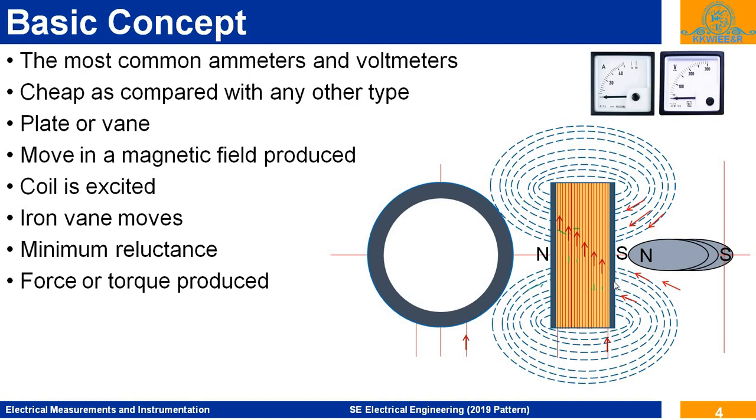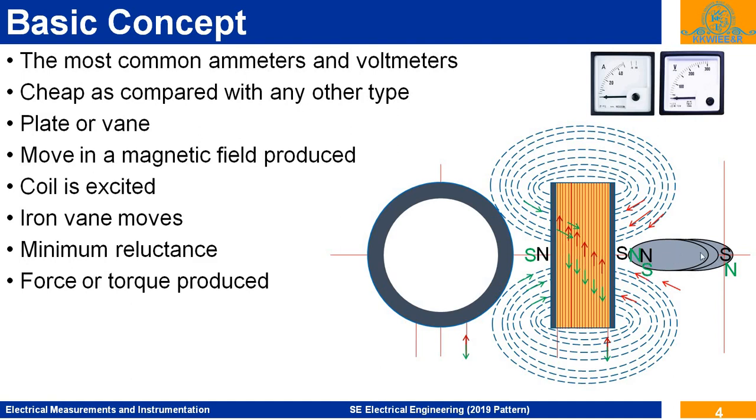Now second, if the direction of this current is reversed, which is shown by this green arrow, the current flowing through this stationary coil will reverse. So the magnetic flux lines will reverse, and the south and north poles are formed. The polarity of this stationary magnetic field will be changed, which is shown by this green color, and at the same time the south and north poles are formed on the soft iron piece. Again the north and south are opposite poles.